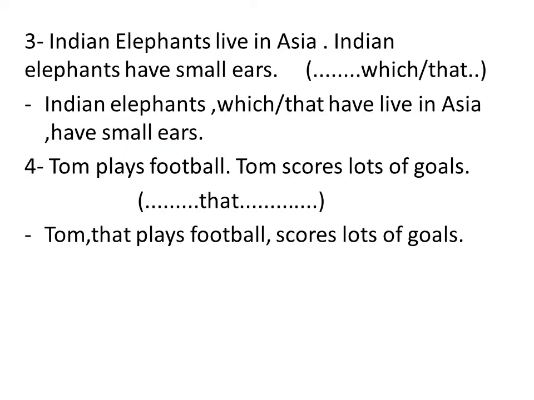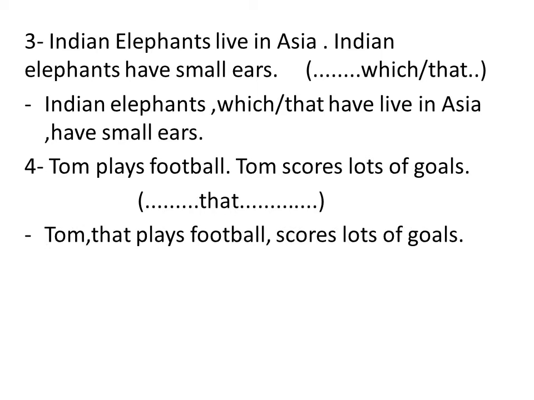Okay, here, my dear students, we will have two different examples. Example number 3 says, Indian elephants live in Asia. Indian elephants have small ears. And it asks us to use which or that as a relative pronoun. In the first sentence we spoke about the Indian elephants which live in Asia, and in the second sentence we say that these Indian elephants have small ears.